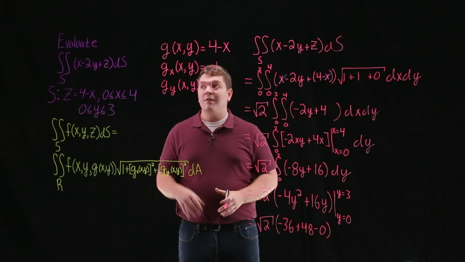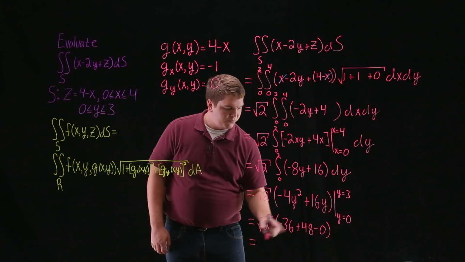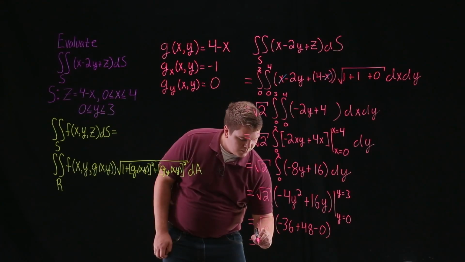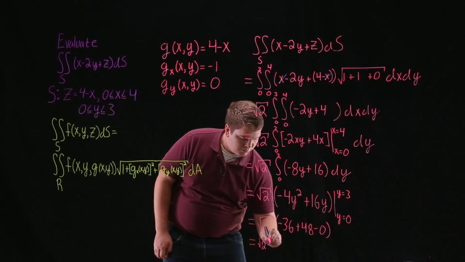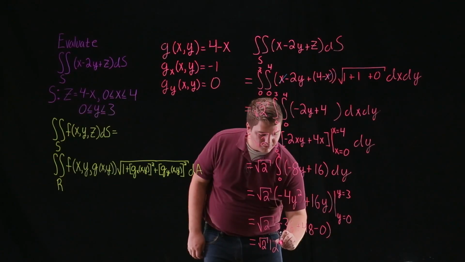So now what we end up with is our surface integral is equal to the square root of 2 times 12. Or if you would like, you can write this as 12 times the square root of 2.